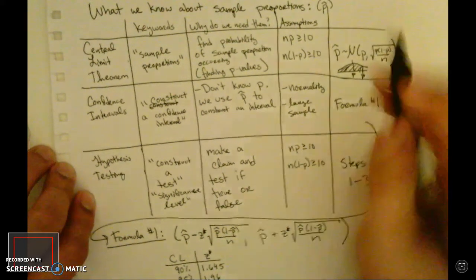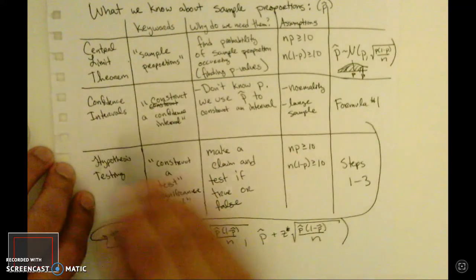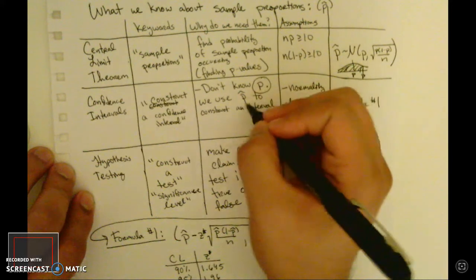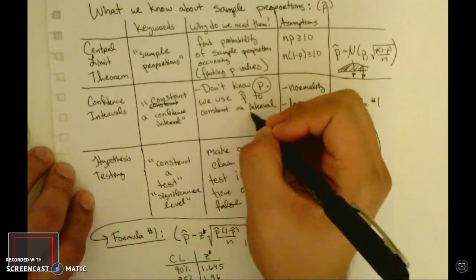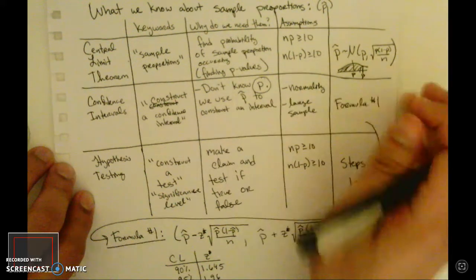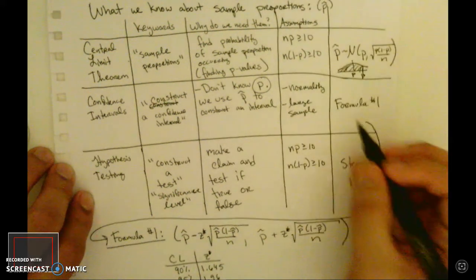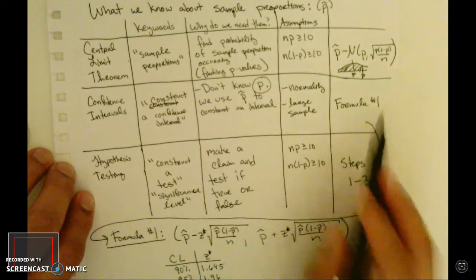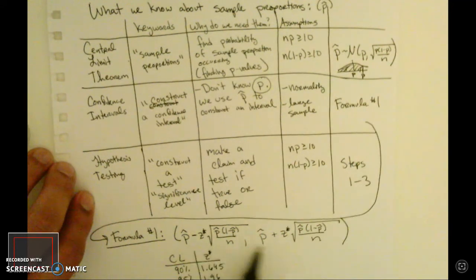Okay. Confidence intervals, we don't know p. I don't know what the population proportion is, so we use p hat to construct an interval, right? So we have a lower bound and an upper bound. We want to figure out an interval, and the interval actually is formula number 1, which I have over here. I didn't have any space, so I put it there. This is the formula that we use, right?